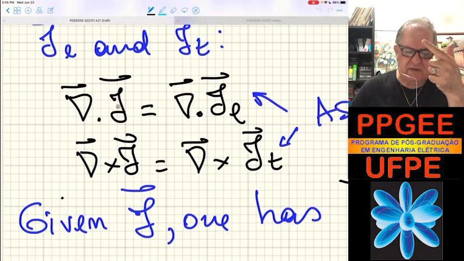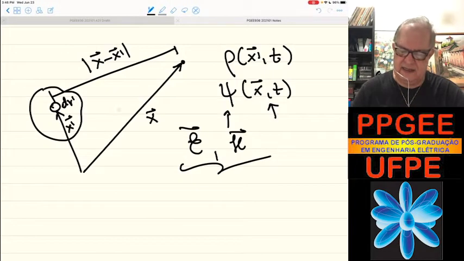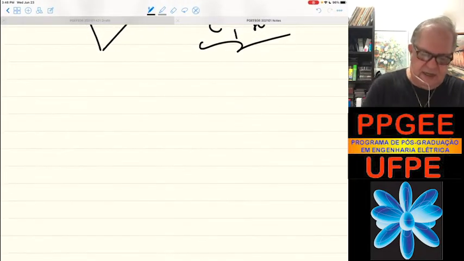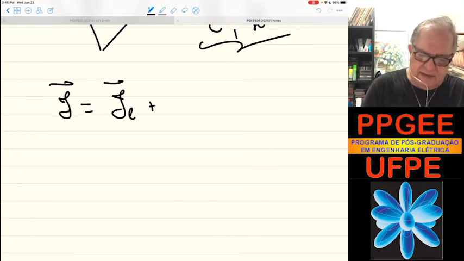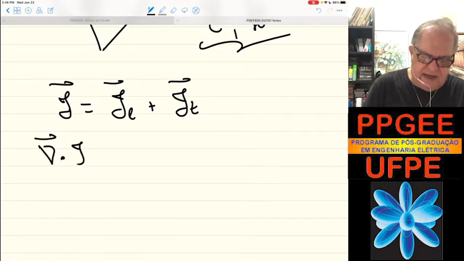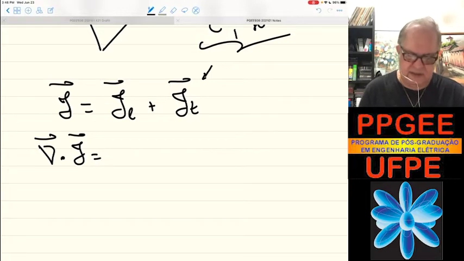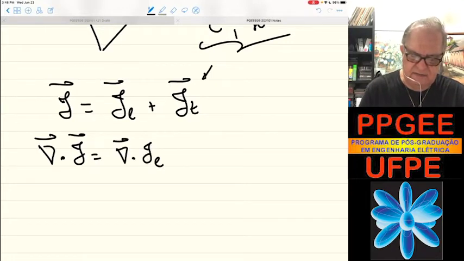Let's do it quickly, here. J equals to JL plus JT, right? If we calculate the divergence of J, well, divergence of the solenoidal component is zero. So divergence of J equals divergence of JL.